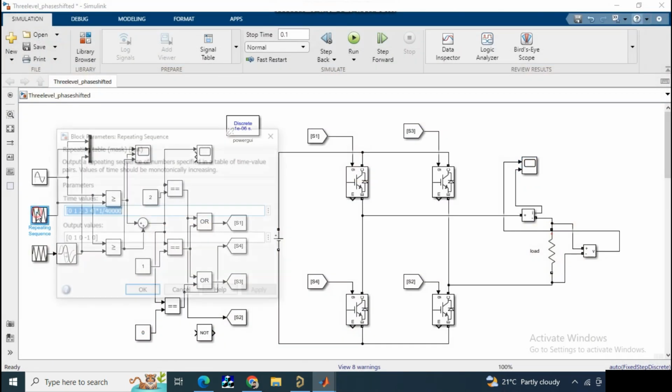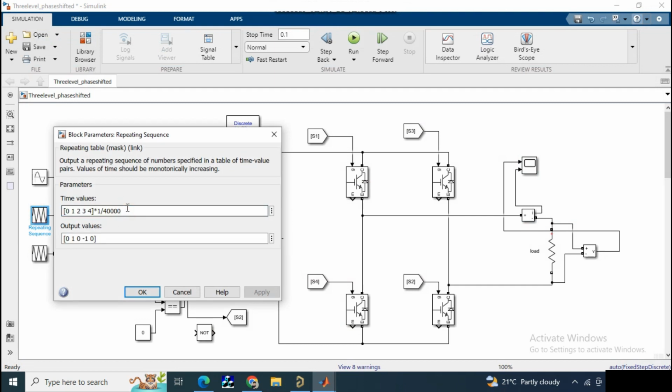Now let's change the frequency to 1000 Hz and check the output.